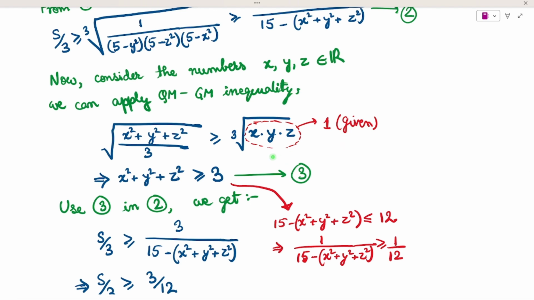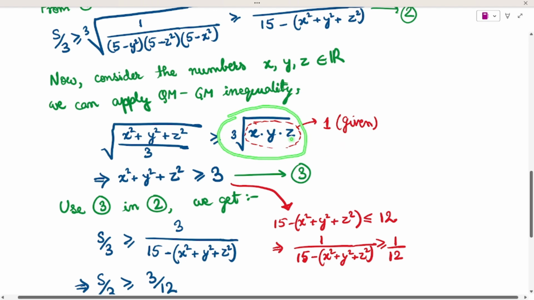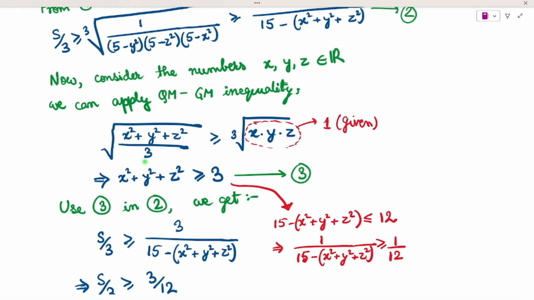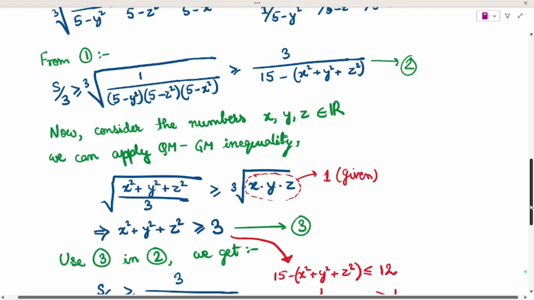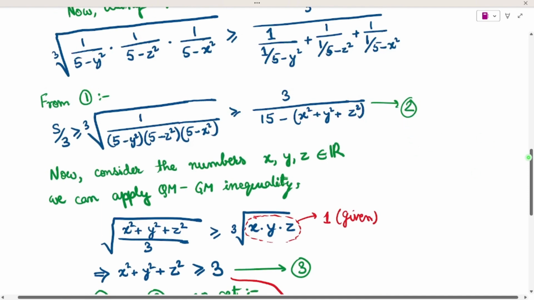So this becomes 1. So this entire thing also becomes 1, right? So we can shift the root 3 here and we can square both sides to get x square plus y square plus z square is basically greater than or equal to 3. So let us say that this is equation number 3 and we already mentioned that this is equation number 2.